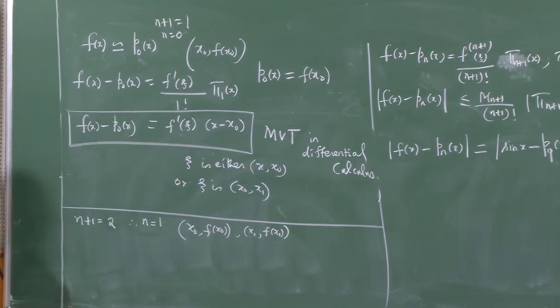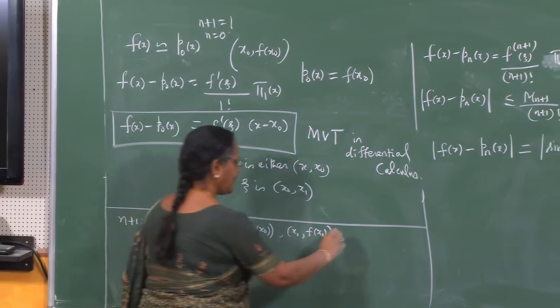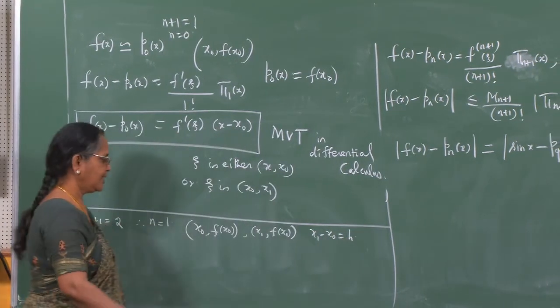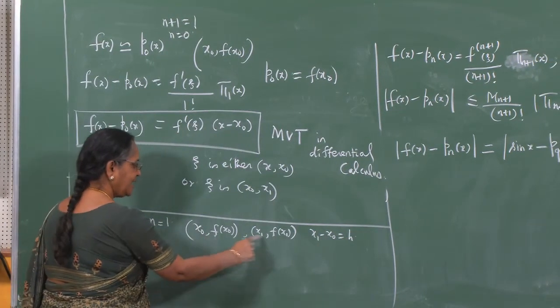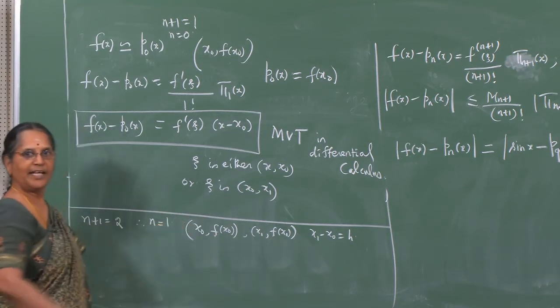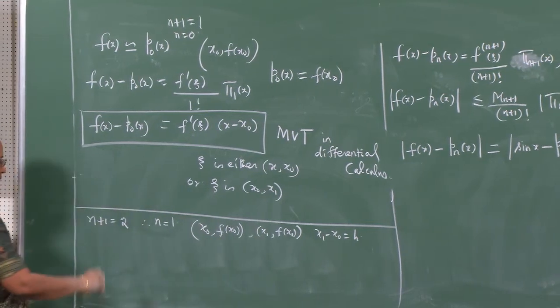So, there are 2 points at which the information is given, and let x 1 minus x naught be h, and hence I can obtain a linear interpolating polynomial that interpolates the function f of x.